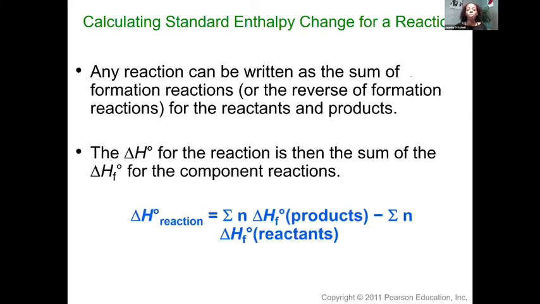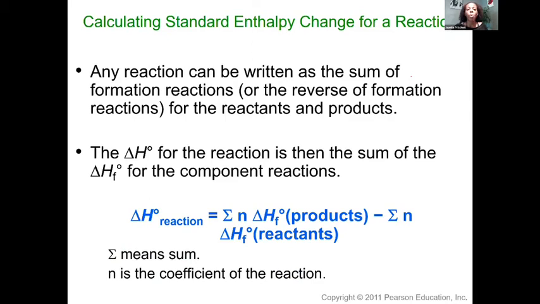We can use a really simple formula: the sum of the enthalpies of formation for the products times their mole amounts, where n is the moles or coefficients, minus the sum of the enthalpies of formation for the reactants times their respective mole amounts or coefficients. We can predict the overall heat of the reaction using this simple equation.